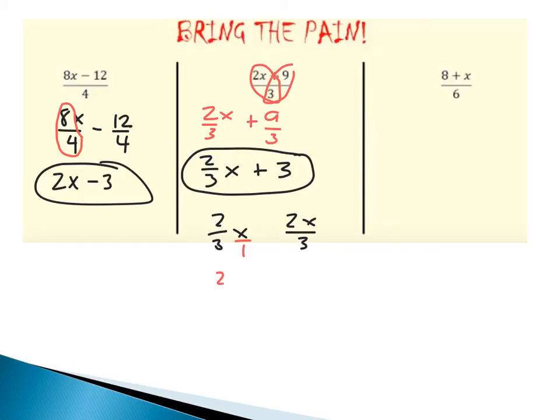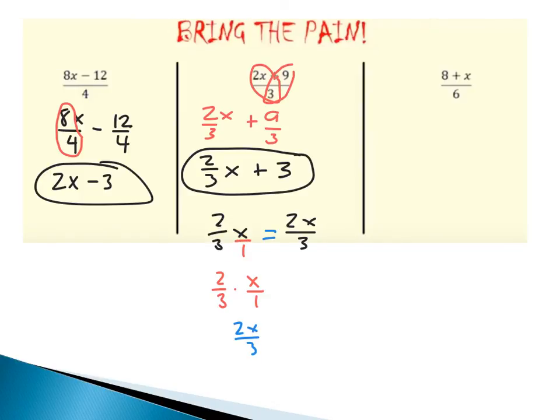So when I say 2/3 times x, I'm really saying times x over 1, because anything divided by 1 is itself. Well, 2/3 times x over 1, if I apply my rule of multiplying fractions, that's going to give me 2x over 3. So these two things really mean the same thing. I just like and prefer you to write it like this, so we separate the number and the variable.